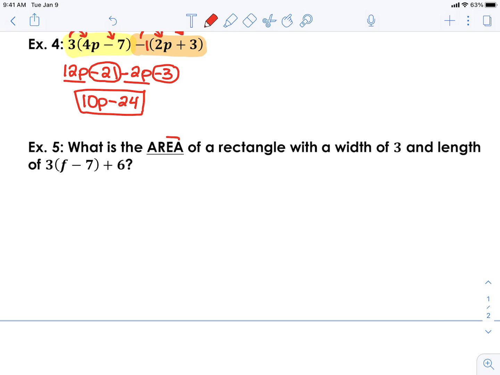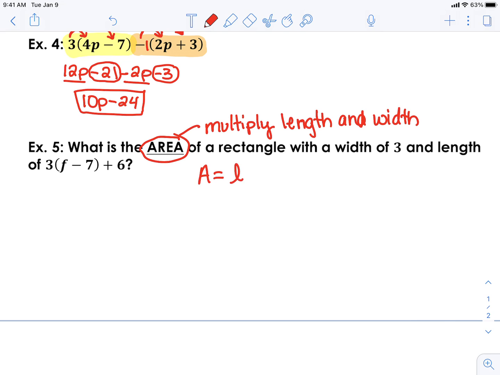Well, remember, area means to multiply the length and the width. Okay, so area equals the length times the width. Well, we know the width is 3, so I'm going to replace the w with the number 3. But the length is this little complicated looking one.